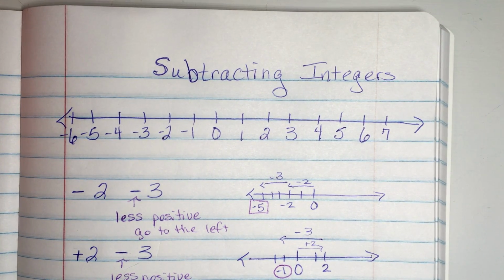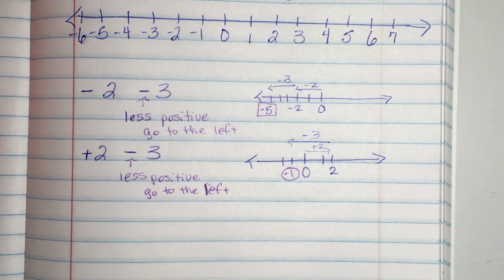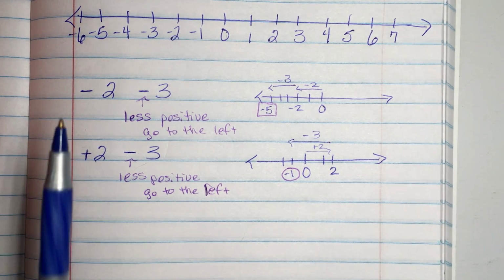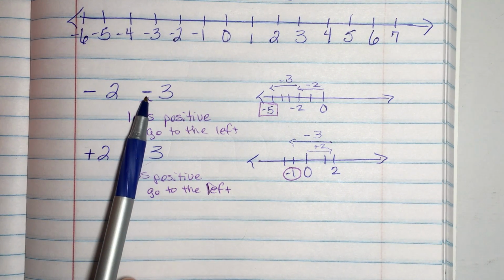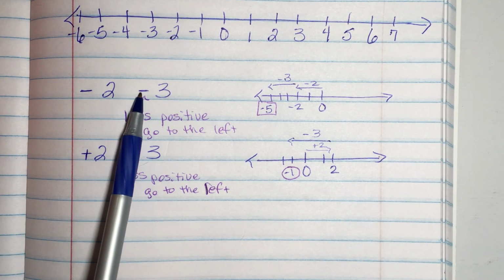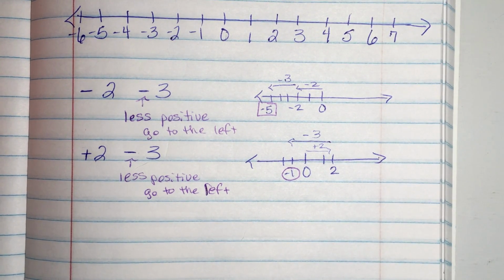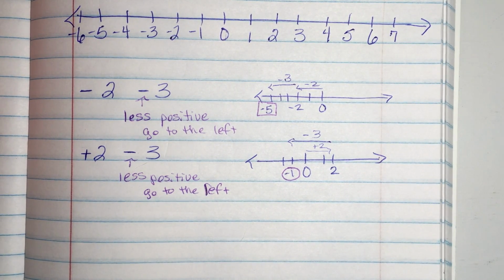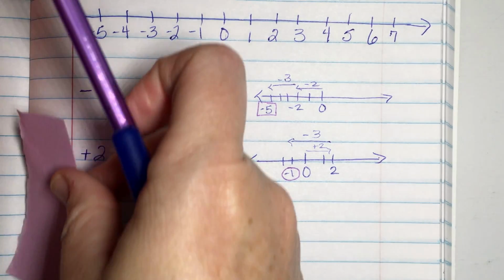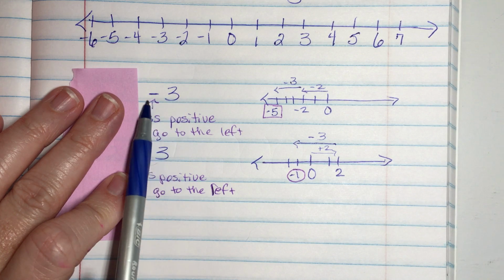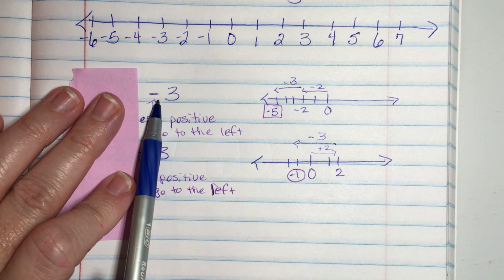Now, I want to encourage you to begin to think of your subtraction sign as a negative. Let me say that again. I want to encourage you to begin to think of your subtraction sign as a negative. If you can begin to see that subtraction as a negative, look what happens. If I just take this and I cover up this -2 like that, you can see that looks like a -3, right?